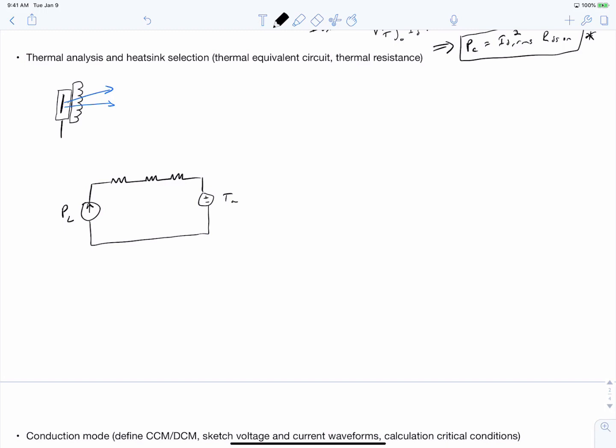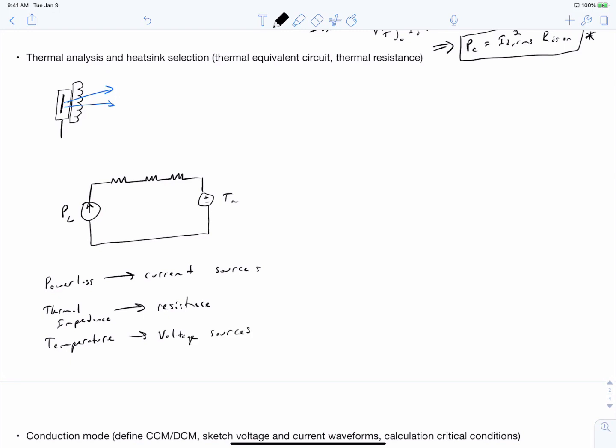So we talked about how we're converting power loss into current sources, how we're converting thermal impedances into resistances, and temperature differences into voltage sources.